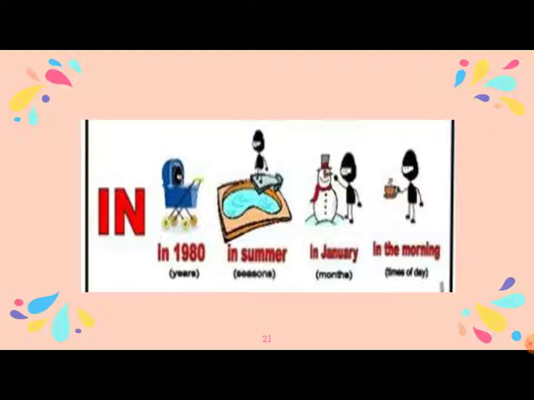Suppose in the year 1980, in rainy season, in summer season. If you get month, in January, in March, in the morning, in the night. Okay, so whenever you get years, season, month, or a time of a day, then we use the preposition in.